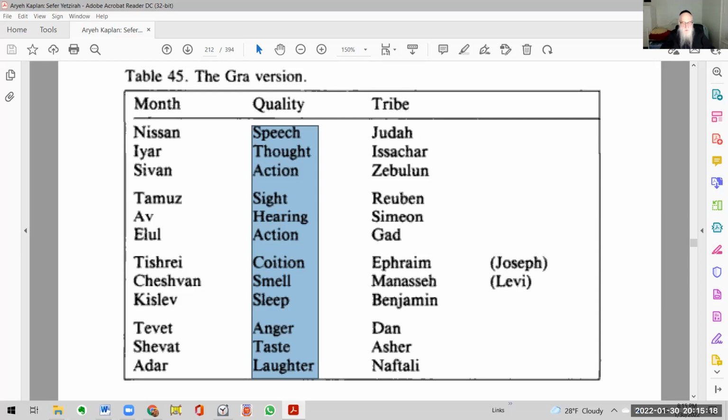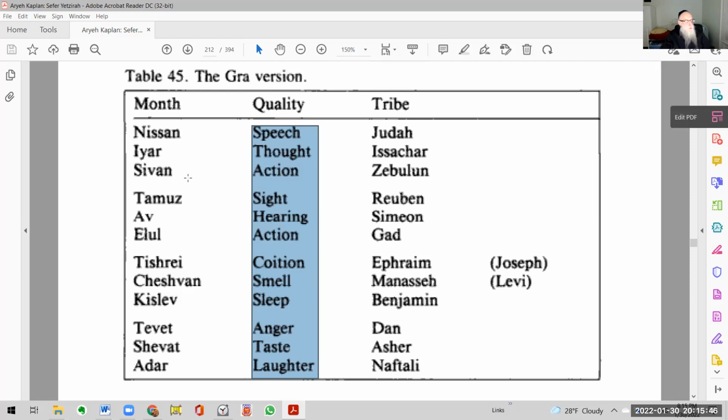The faculty of speech isn't just the ability to speak, it's the ability to communicate in many different ways. All ways of communication are included in speech, right? Similarly, thought, there are many different levels of thought. There's thought about things outside of yourself, thought about yourself, and thought about things that are above yourself, and so on and so forth. There are all kinds of different actions that are associated with thought.